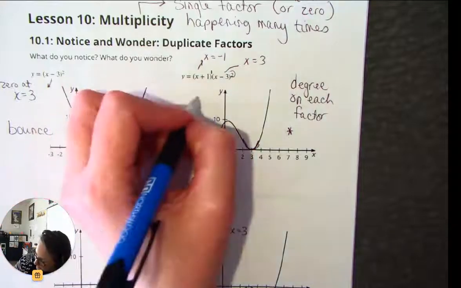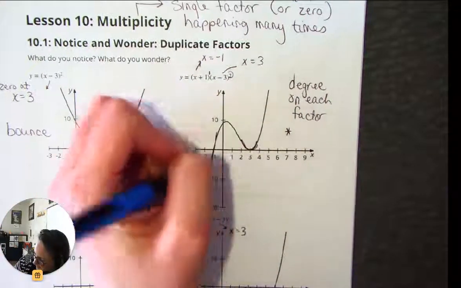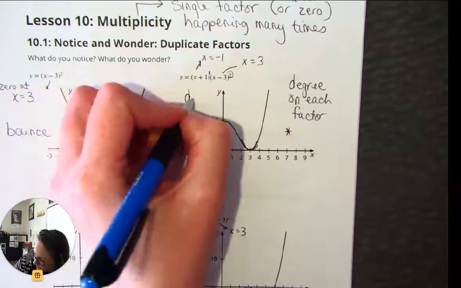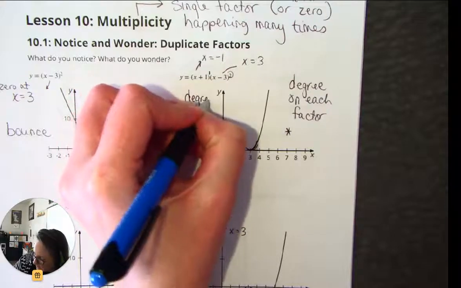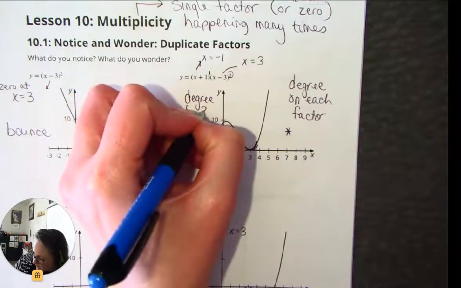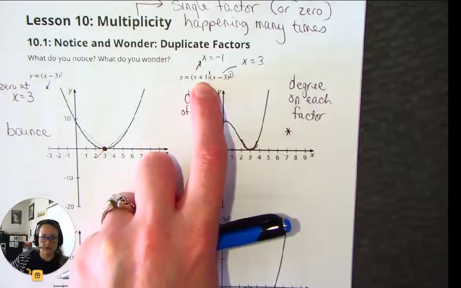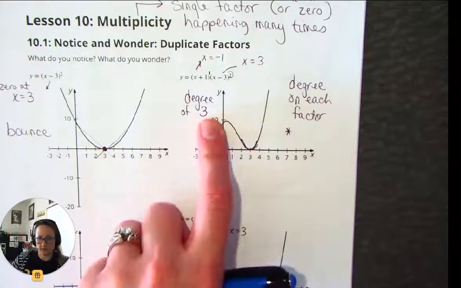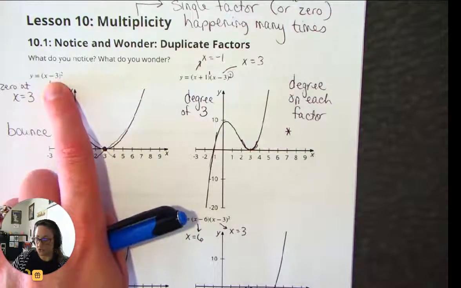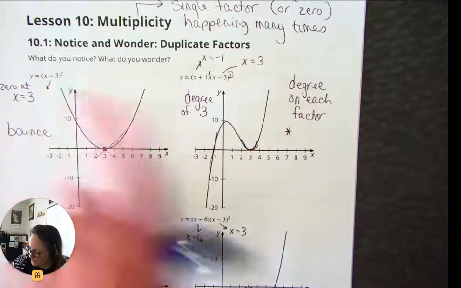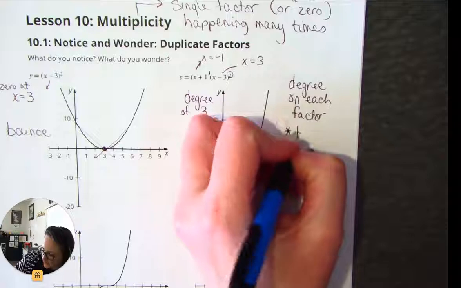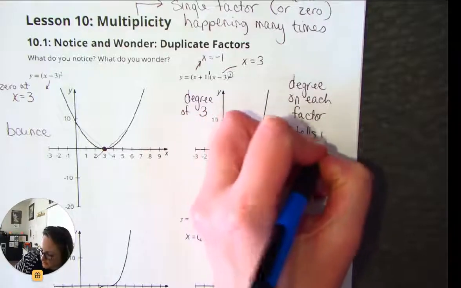So this guy, looking at even our end behavior and what our graph would be looking at, it has a degree of 3 total, 2 here and 1 here. So it's got a degree of 3. This one has a degree of 2. So the degree on each factor tells us how many times that same 0 happens.